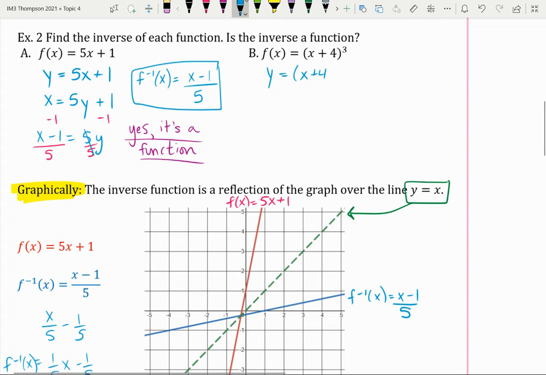It's just easier to manipulate. It's easier to move around without losing parts. Then we exchange x and y. So just rewrite it so that the x is in the y position and the y is in the x position. And then we solve for y.